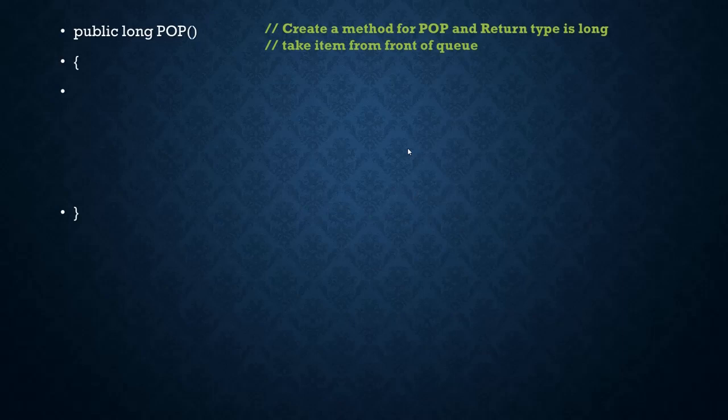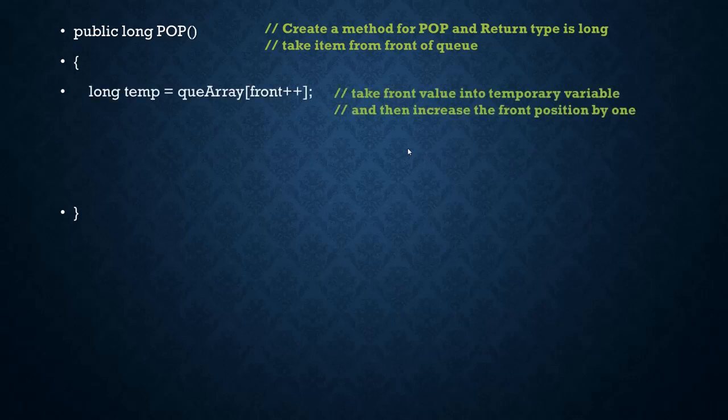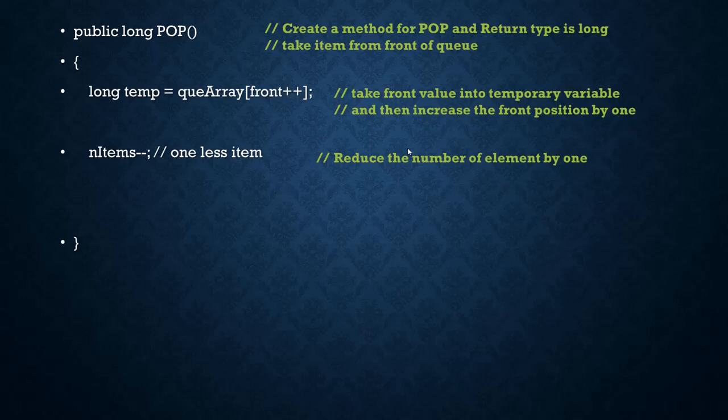Pop means removing a value from the queue. Here I have a return type that is long. For a temporary variable, I am going to take the front value. After taking it, I increase the front position and the number of elements is reduced by 1. Finally, I am returning my temporary value.